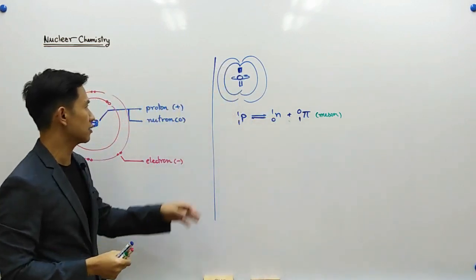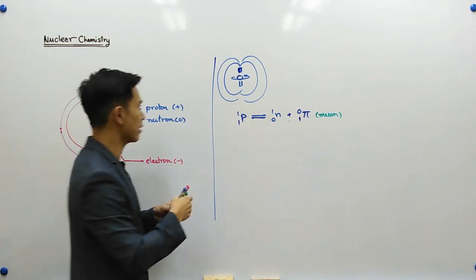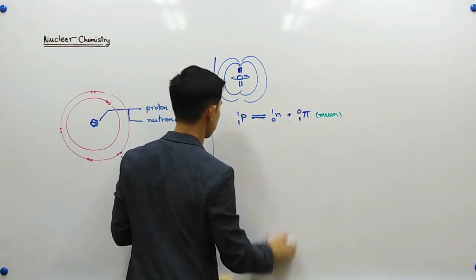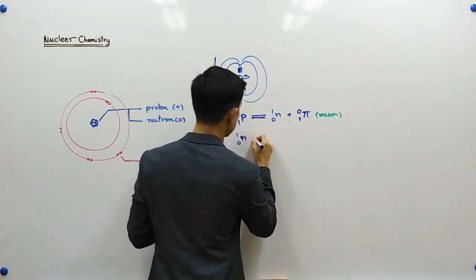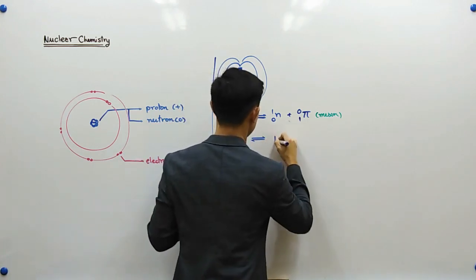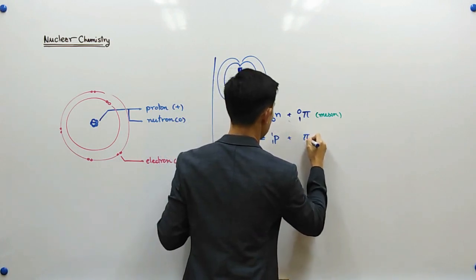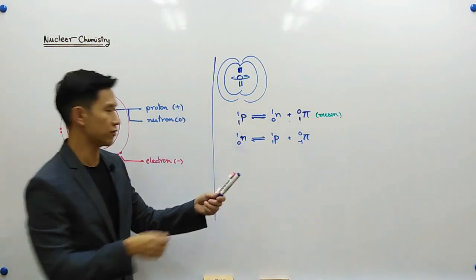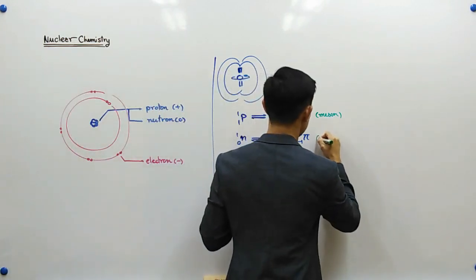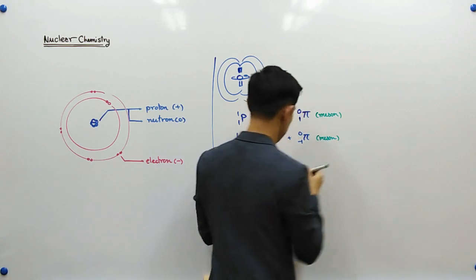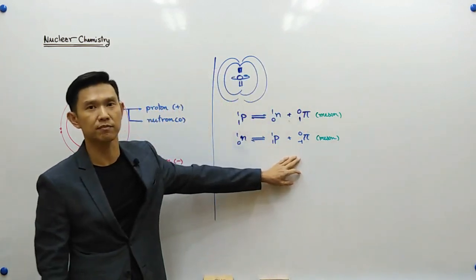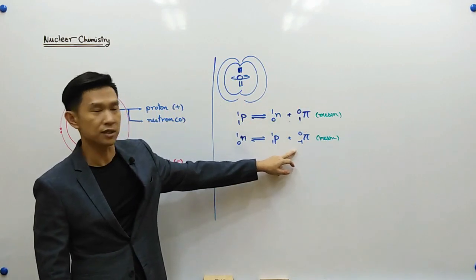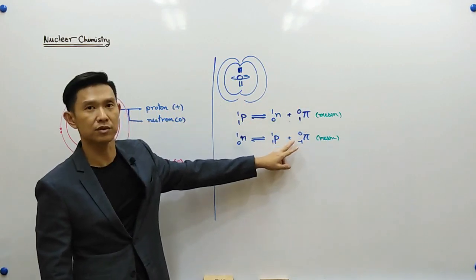So as you can see, proton can transform into neutron, and also neutron, which is 0, 1, can transform to be proton like this, but in exchange it has to give you a negative charge of the meson here. So the negative meson has a nuclear symbol similar to the electron, right? Negative charge, 1 minus, and mass number equal to 0.